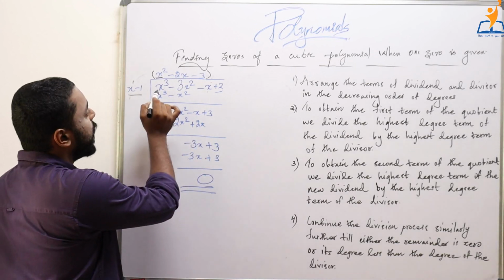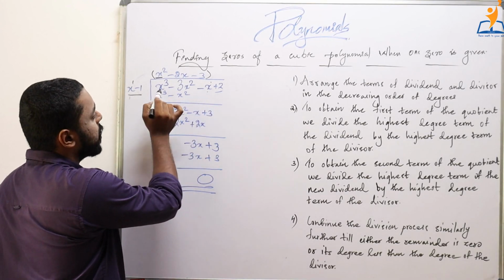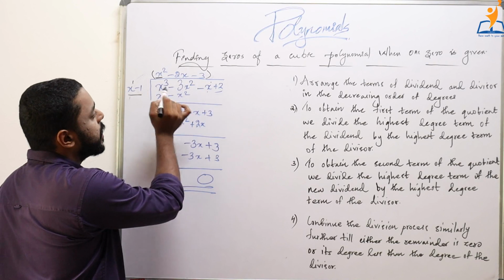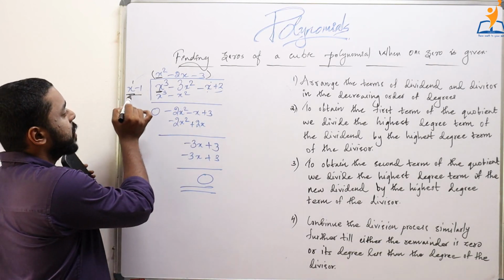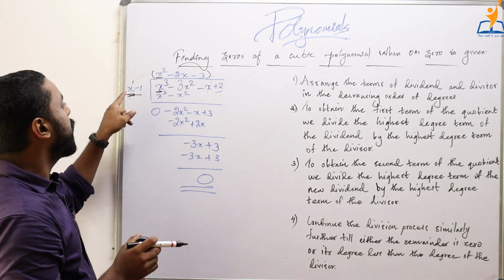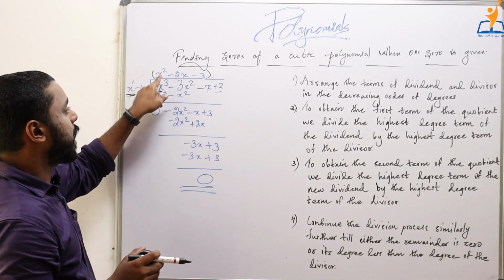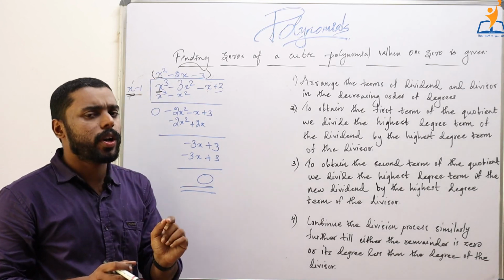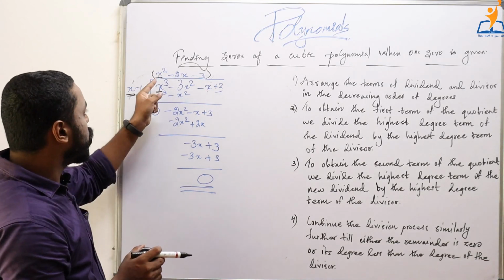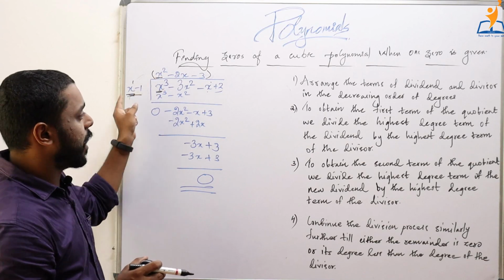So we divide the highest degree term in the dividend, x cube, by the highest degree term in the divisor, which is x. So x cube divided by x equals x square. That is the first term in the quotient.